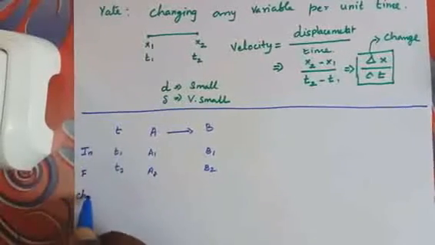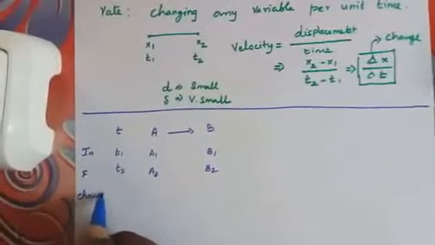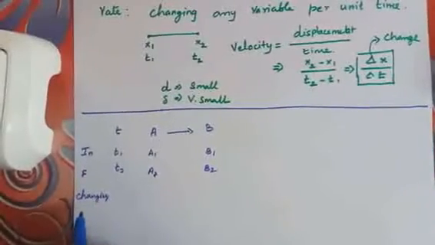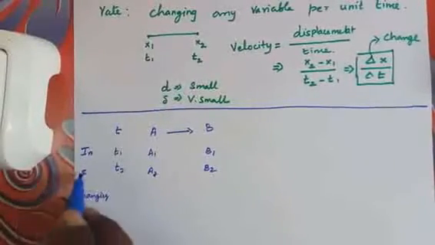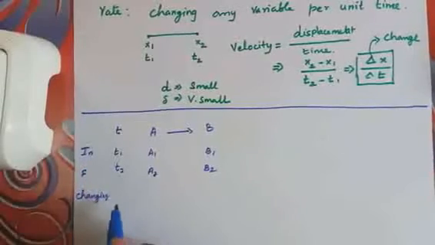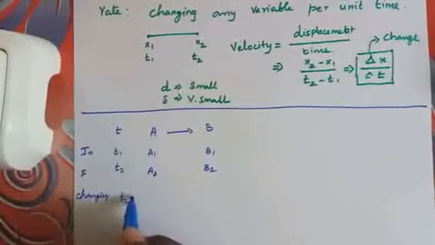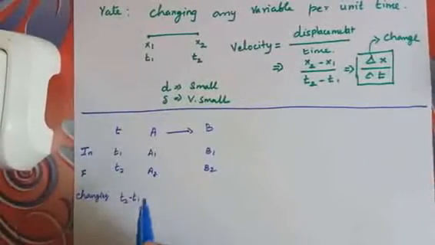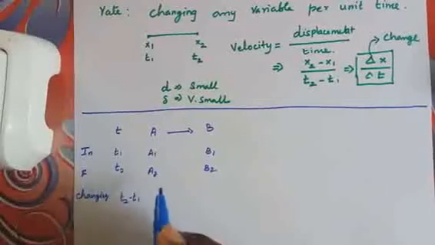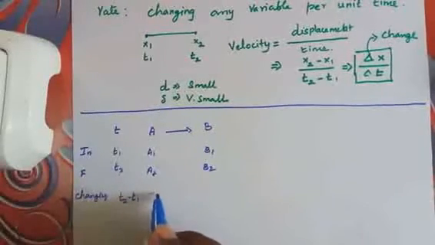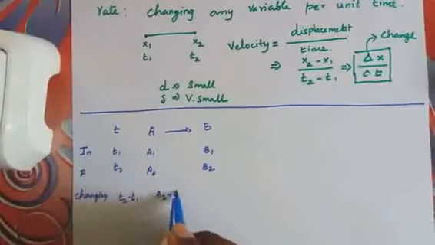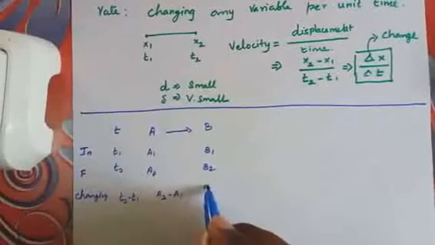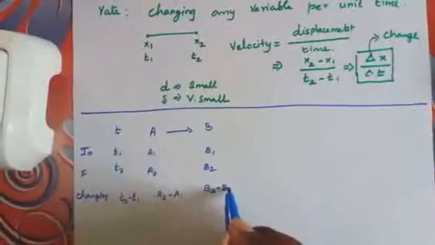Changing these variables is measured by subtracting the initial from the final. Final time t2 minus initial time t1. In the sense, the time difference is calculated. In the same way, the concentration of the reactant is written as A2 minus A1. The product is written as B2 minus B1.